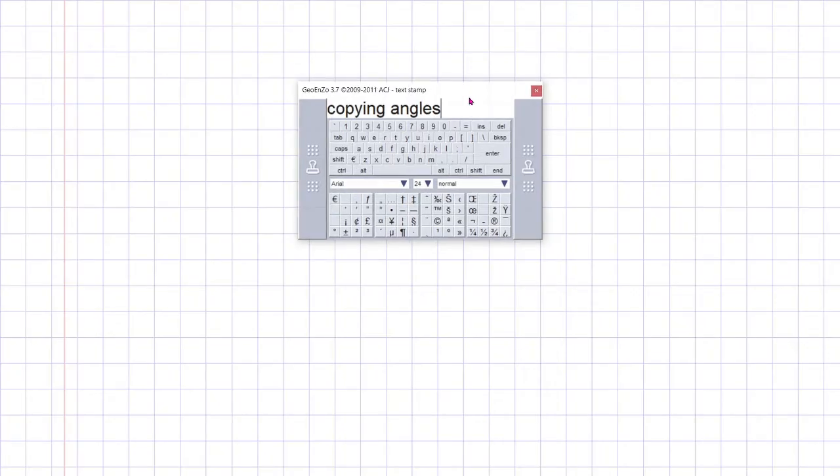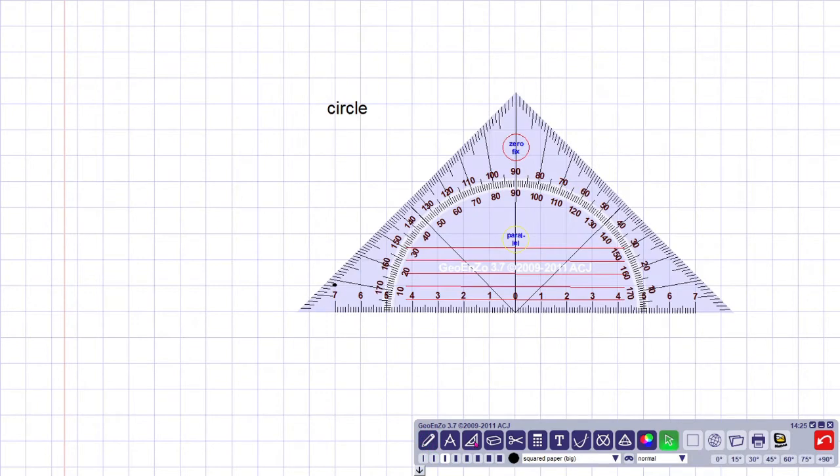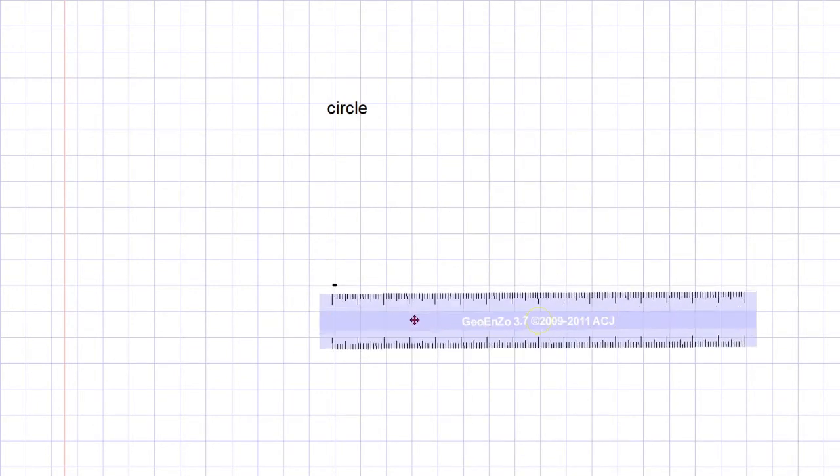First locus is the circle. First mark the fixed point. The fixed point is the center of the circle. Now take the ruler and get the constant distance.